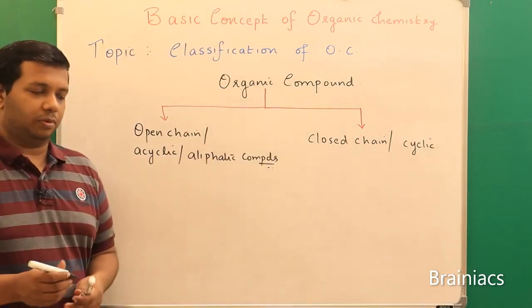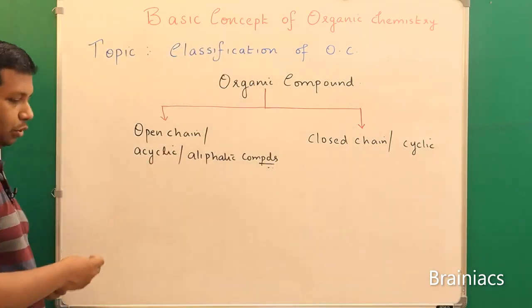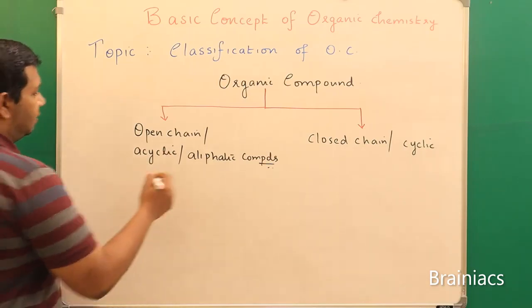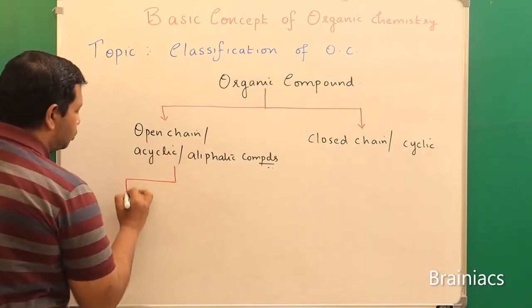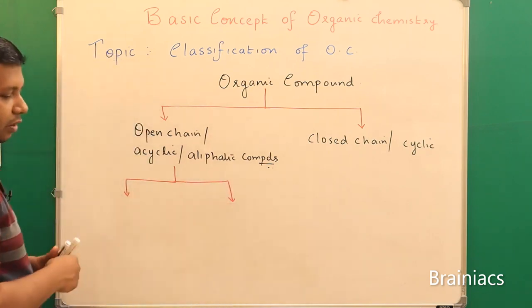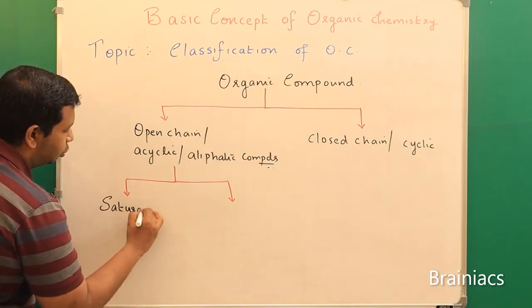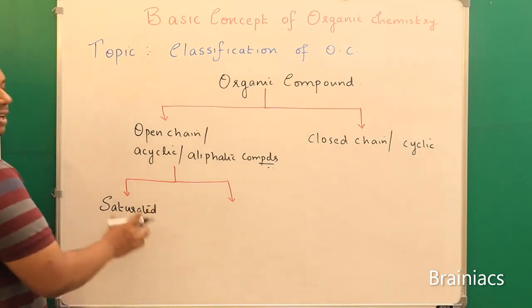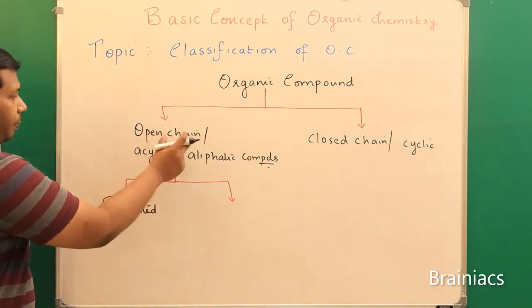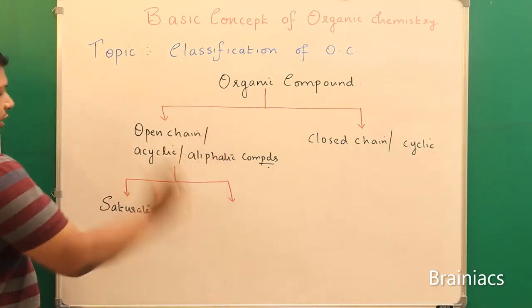Cyclic organic compounds. And coming to the first one, this is further classified into 2. First one we call saturated open chain or acyclic or aliphatic organic compounds.